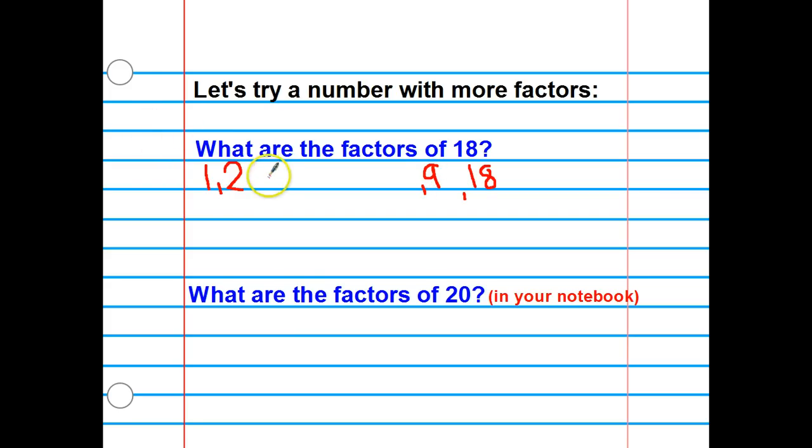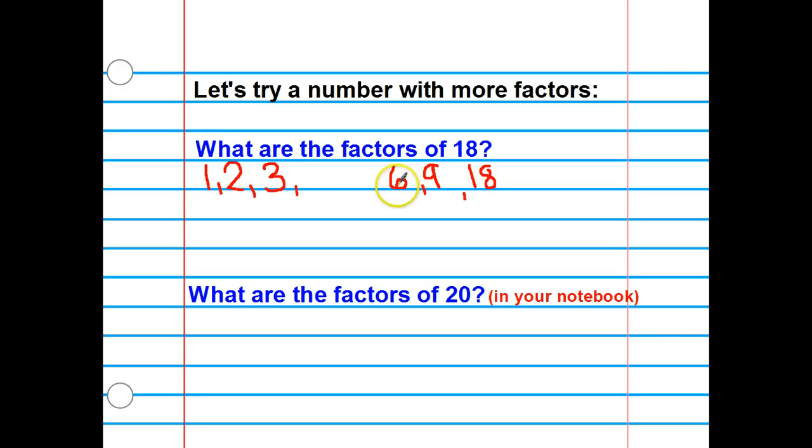Will 3 go into 18? Sure does. 3 times what? 3 times 6. Will 4 go into 18? No. 4 times 4 is 16, and 4 times 5 is 20. So 4 is not a factor. What about 5? Oh, you already know that anything that's a multiple of 5 ends in 5 or 0. 18 doesn't.